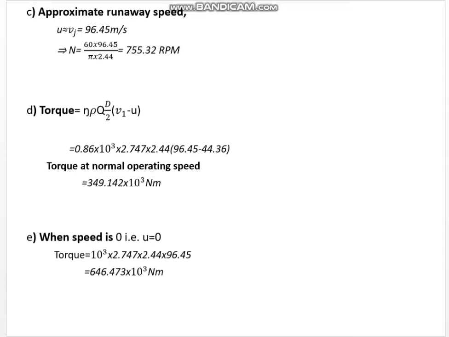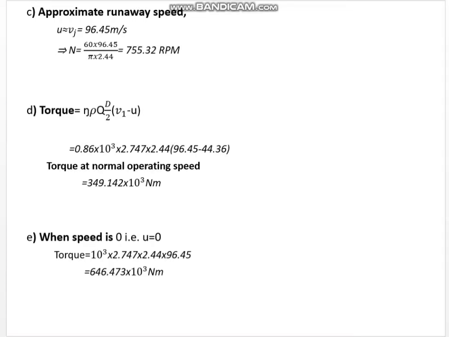So we get torque by calculation as 349.142 into 10 to the power 3 Newton meter. Now when the speed is 0, that is U is equal to 0, we will use the same formula, but U will be 0. So torque at 0 speed is 646.473 into 10 to the power 3 Newton meter.